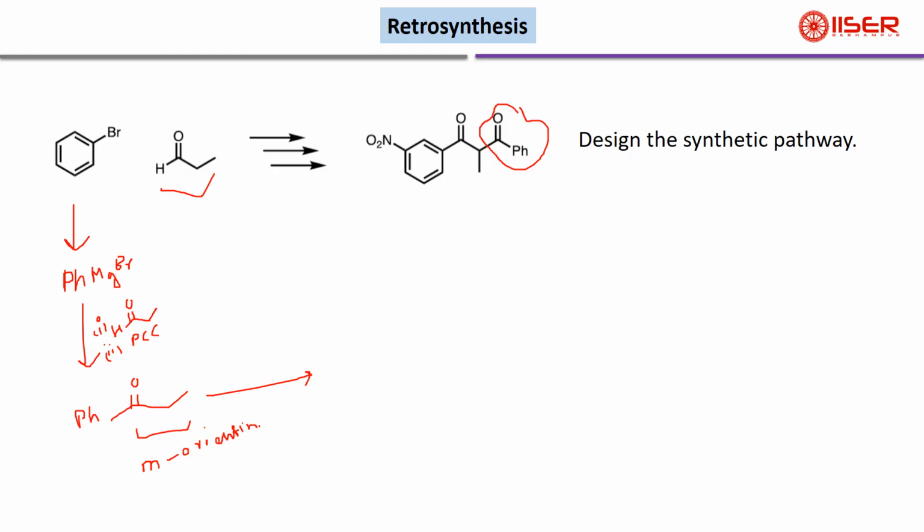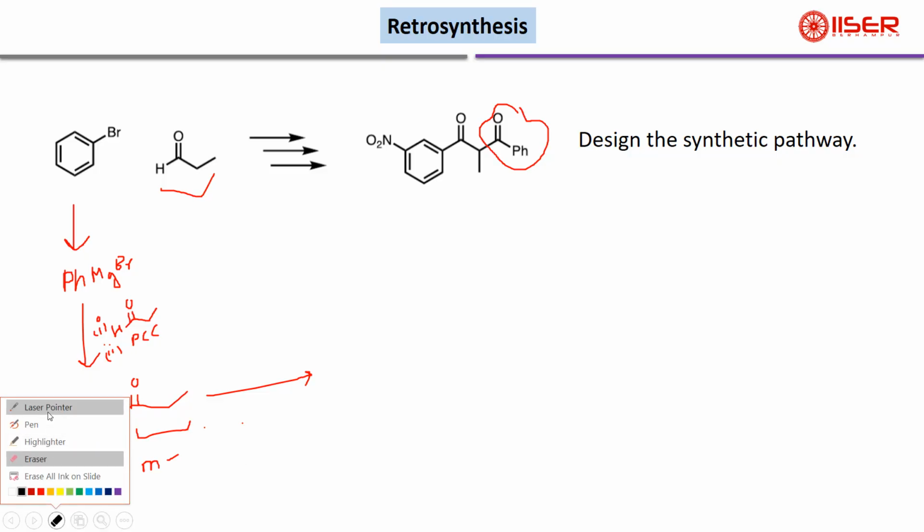It's a meta directing group. This we have studied in our basics, I think. Whenever there is an electron donating group, when we perform an electrophilic substitution reaction on a benzene ring, the incoming electrophile enters the ortho and para position.